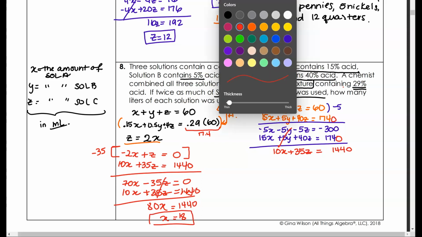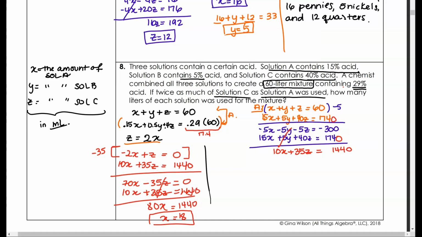So now let's go back. Now that I know what X is, let's figure out what Y and Z are. I know what Z is. All I have to do is come back over here to use this equation. So Z equals 2 times our X value, which is 18. Therefore Z equals 36. And now we need to figure out what our Y value is.